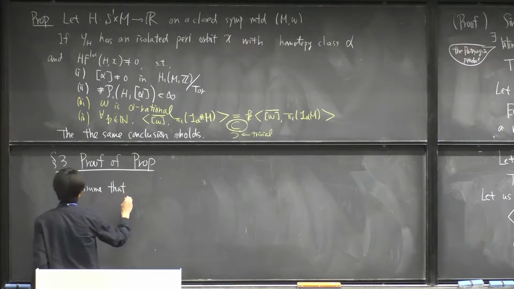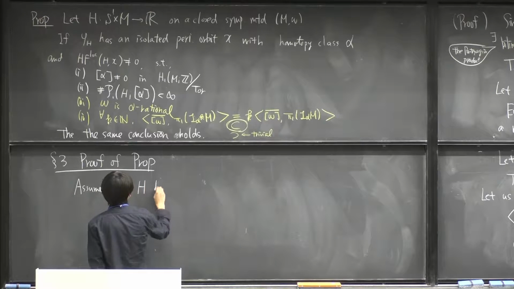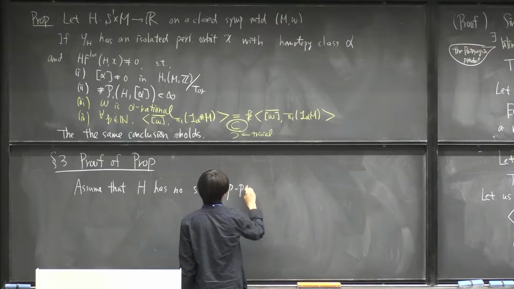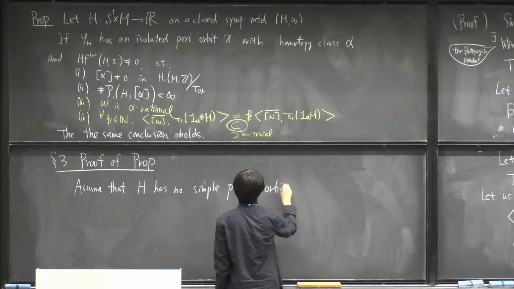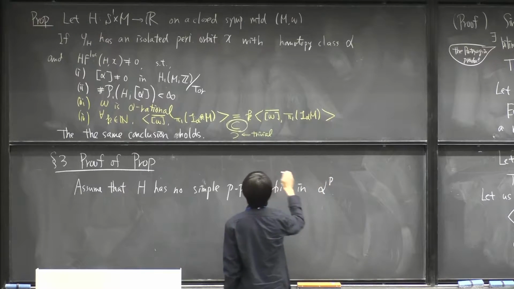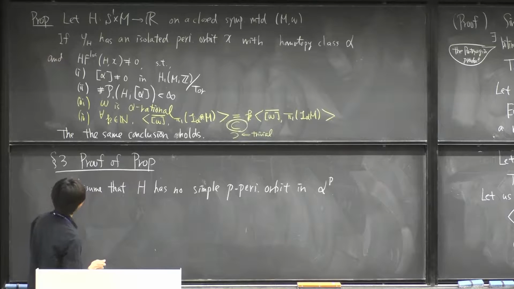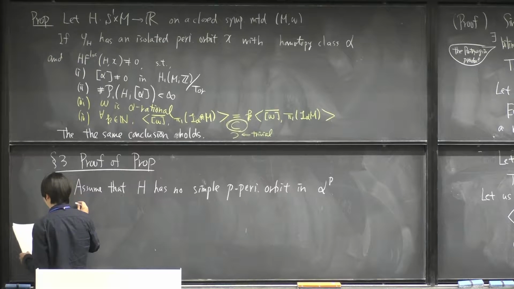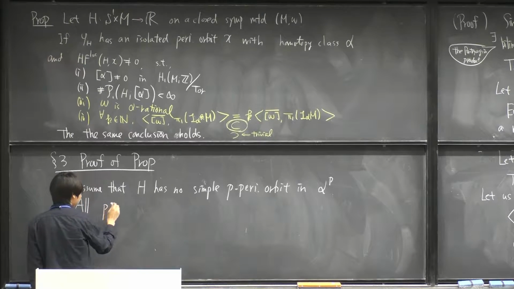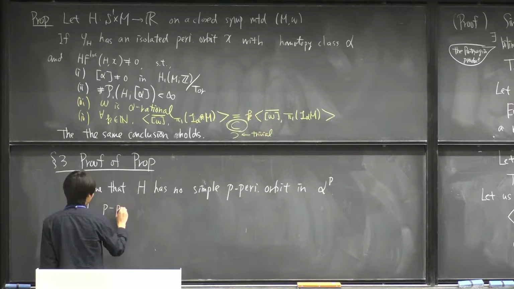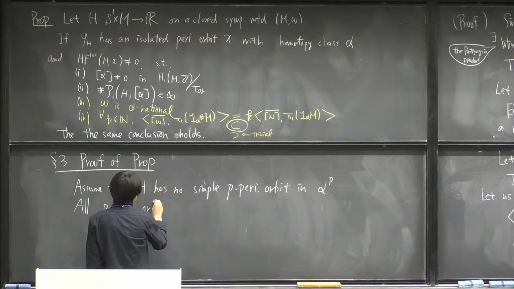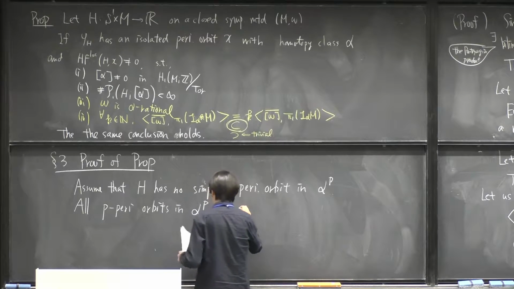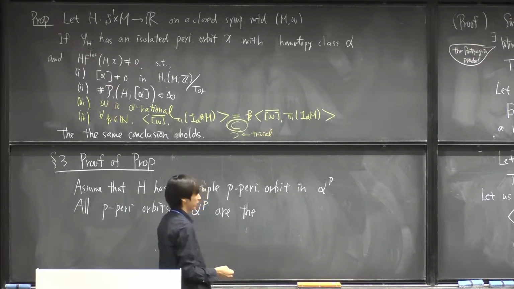At first, assume that H has no simple p periodic orbit in alpha p for sufficiently large prime p. Since p is prime, all p periodic orbits in alpha p are the p-th iteration of one periodic orbit.